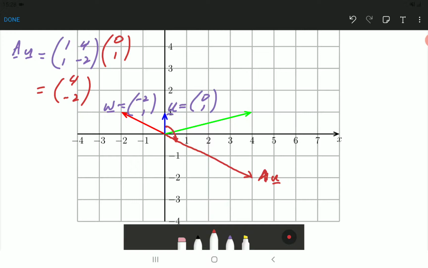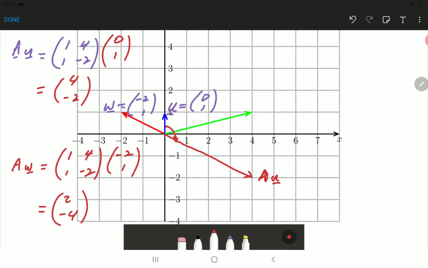Right, next let's see the effect of A on w. So we have 1, 4, 1, minus 2, times w, which is minus 2, 1. So this is going to be minus 2 plus 4, which is 2, and then the other one is going to be minus 2 minus 2, so it's going to be minus 4.